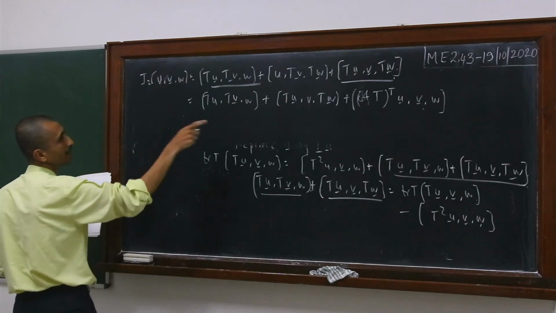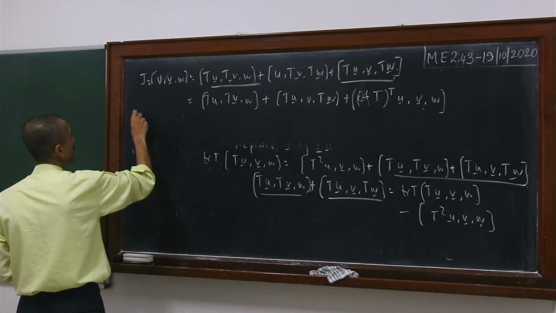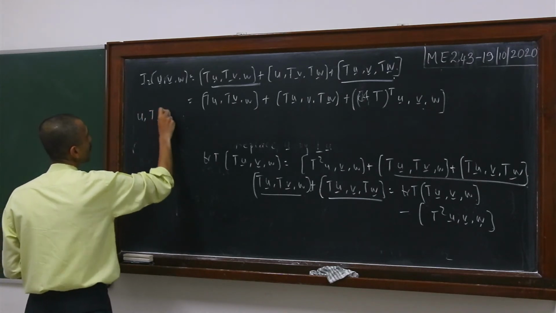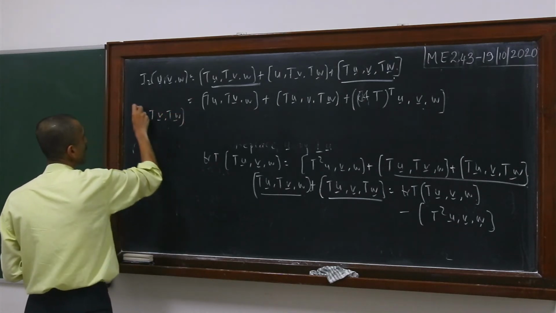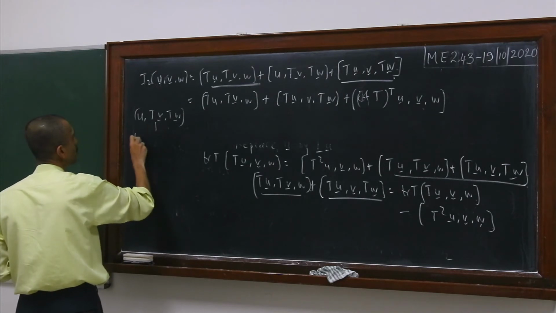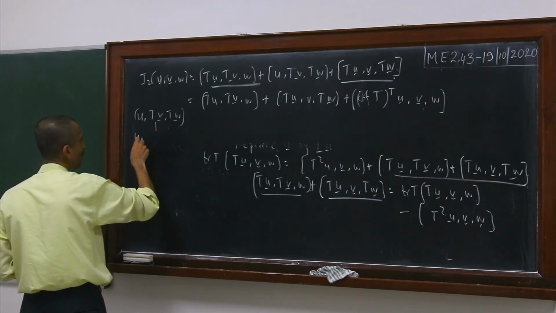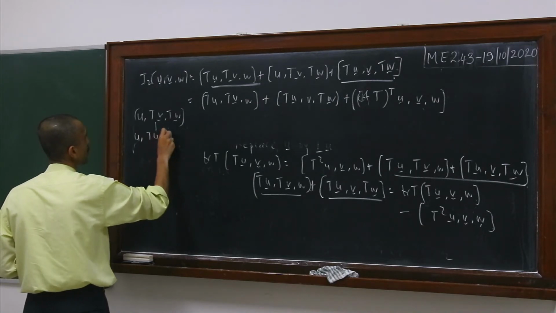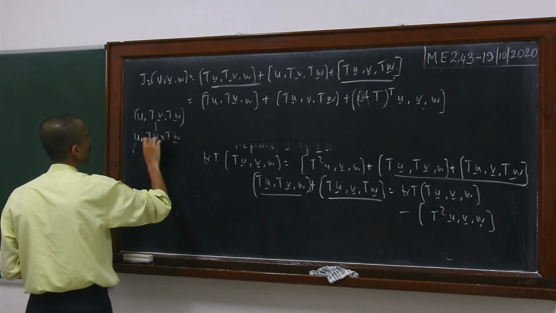So let me rewrite that. Basically [U,TV,TW], I am rewriting it as U dot, then this TV cross TW.